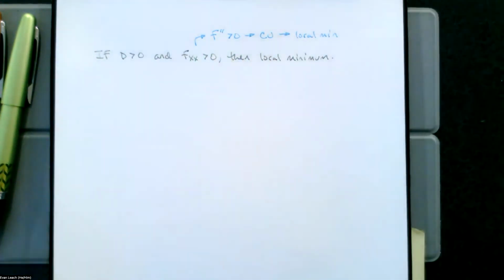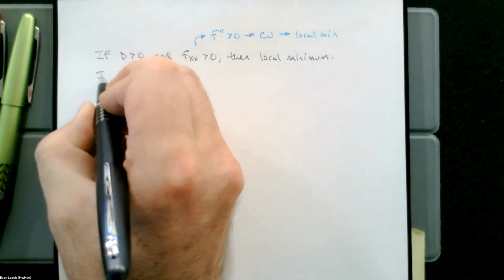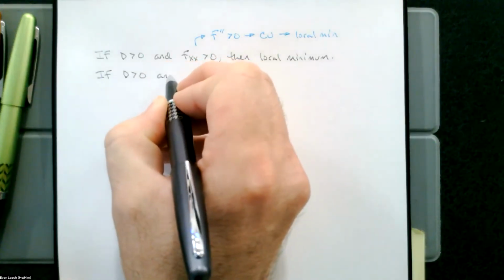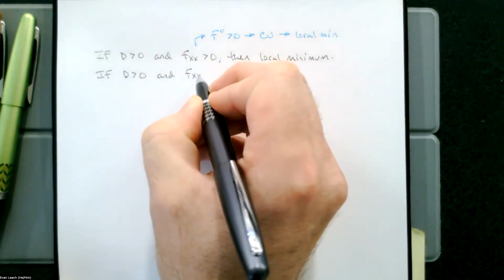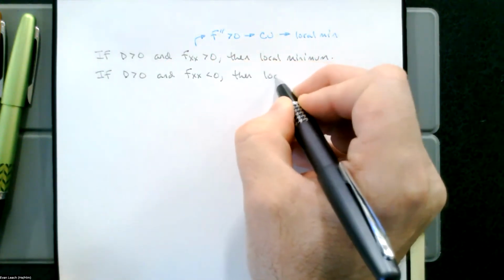If D is positive and fxx is negative, then local maximum.